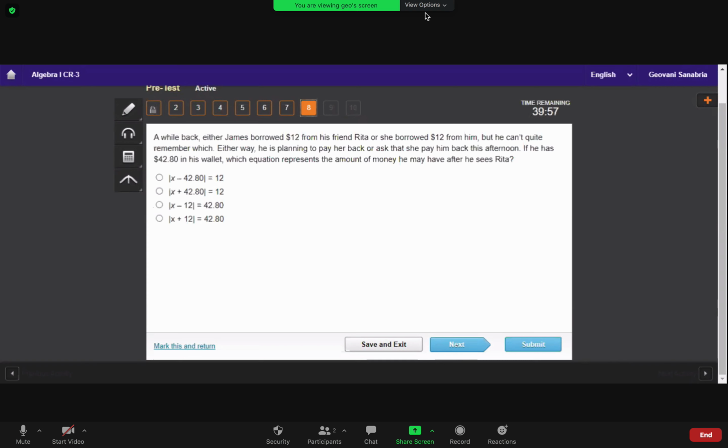The other one makes more sense. $42 in his wallet. Oh, and so like if he has, or if he ends up with, I think it's the first one. If he ends up with, he has $42.